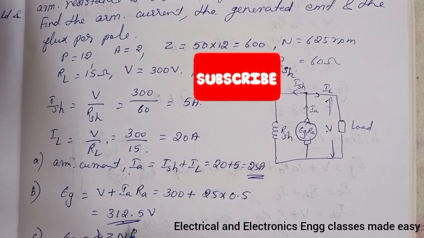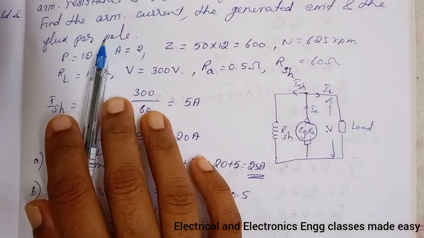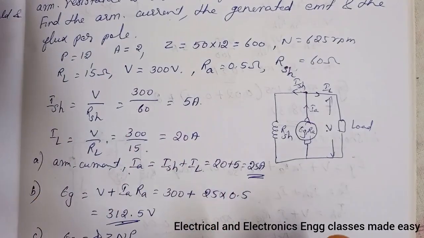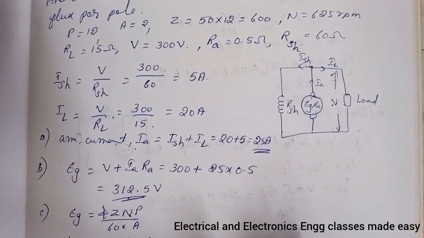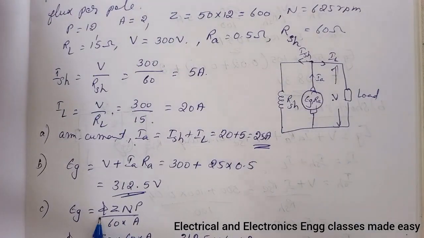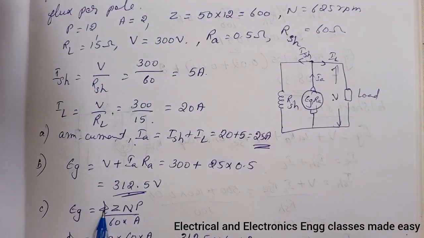Next we have to find the flux per pole. To find the flux per pole, we have to use the equation Eg is equal to phi ZNP divided by 60 into A. Here all the data are given except the flux.